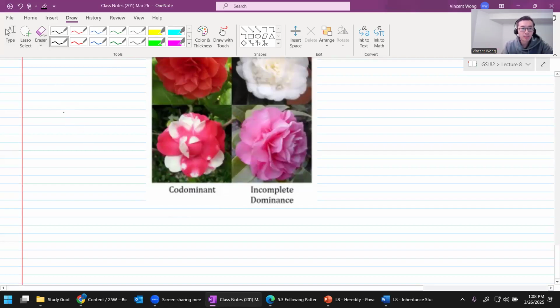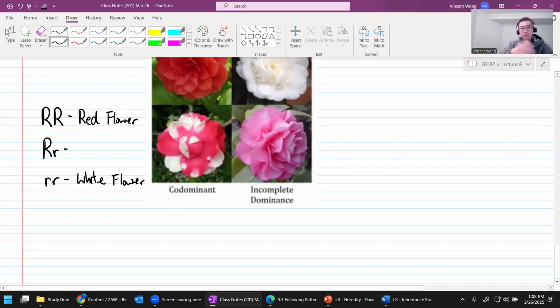So for codominance, what that means is you will have one allele, let's say big R, and if you have two of them, it's going to be a red flower. And then two little r is going to be a white flower. Normally, if it's just a dominant and recessive relationship, the big R, small r would also be red, right? But in the case of codominance, it would be red plus white. Both would show up.